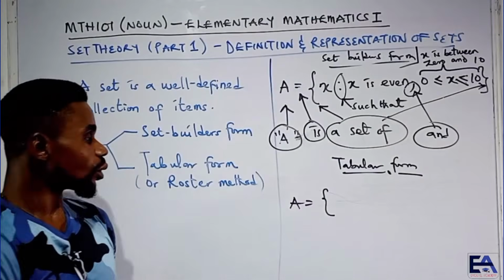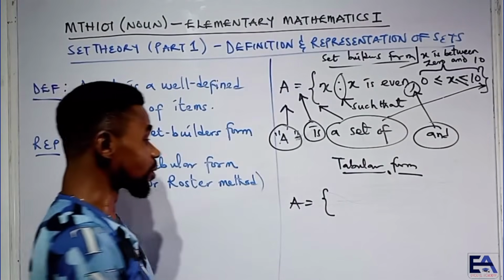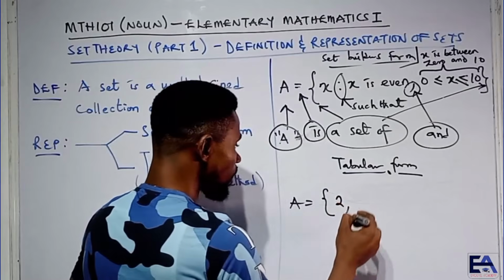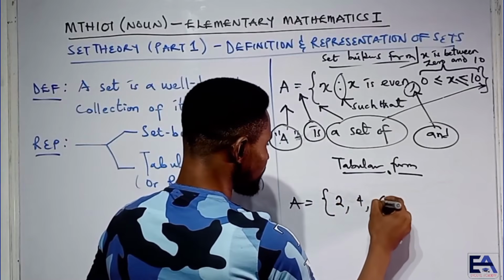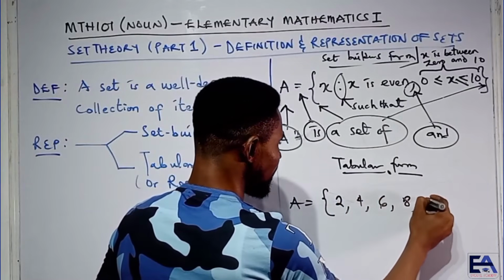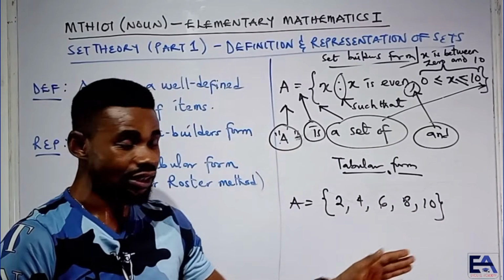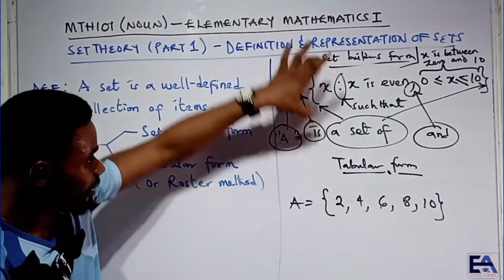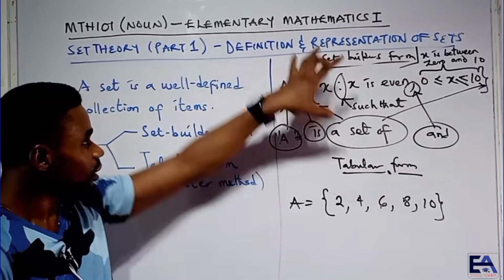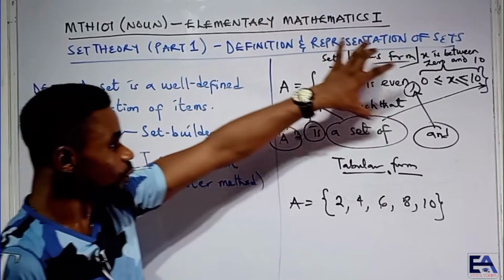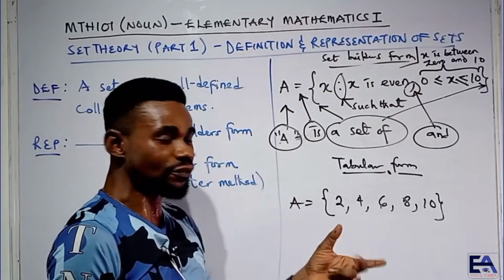What are the even numbers that we have between 0 and 10? We have 2, 4, 6, 8, and then 10. So these are the even numbers that we have between 0 and 10. And this is the same thing as what we represent here. So in set builder form, this is what we have, but in tabular form, this is what we have.